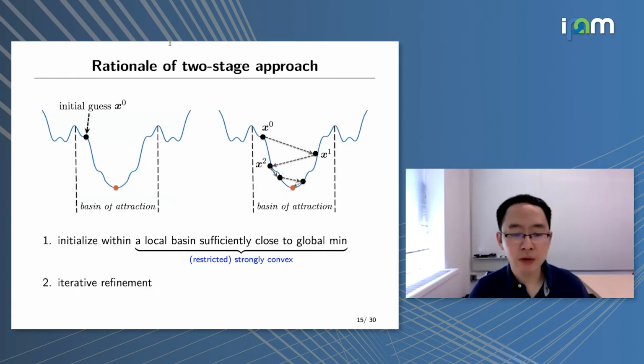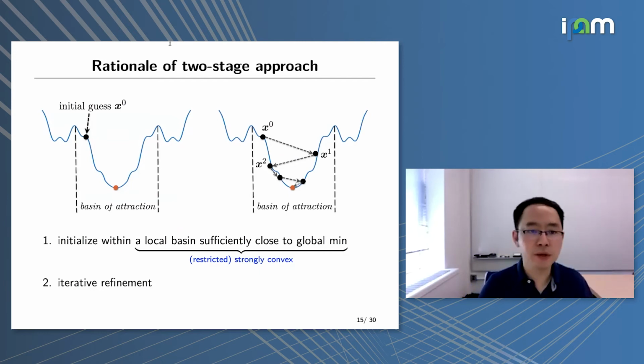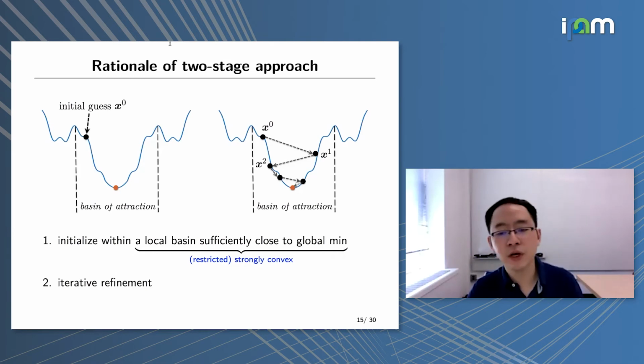So why do we think this is a good algorithm? Just in case you're not familiar with recent advances in non-convex estimation, the rationale is very simple. Even though we are dealing with a non-convex optimization formulation, if you are able to get a good initialization that is sufficiently close to the solution, maybe locally the optimization landscape is not that bad.